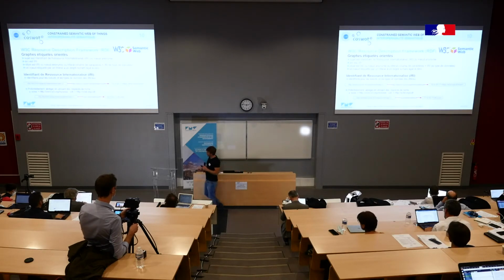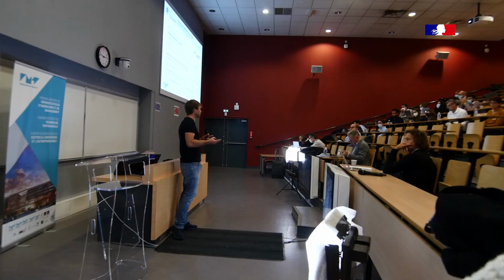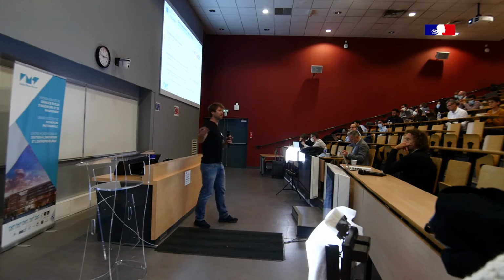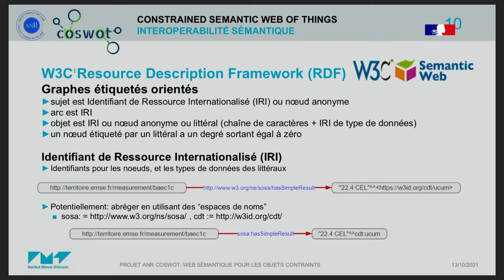Actually, if you go there, you will probably get some information about this, and that's the idea of linked data. We use IRIs, and therefore, if we dereference the identifier of something, we will find some more information, and we can navigate on the web like this, even if we are a machine.